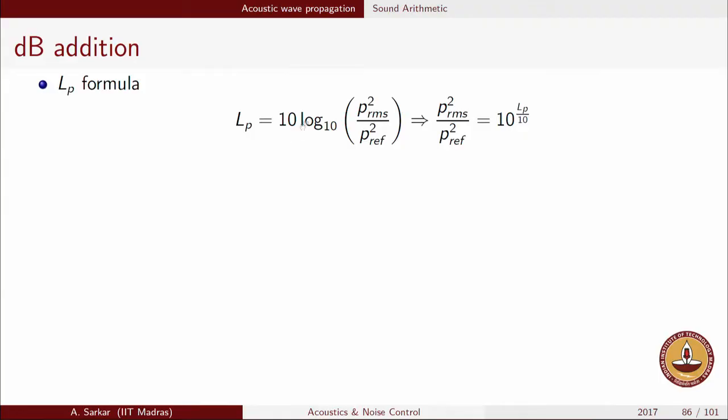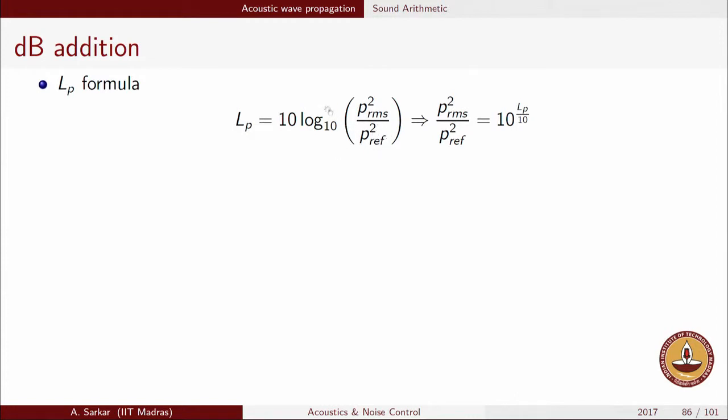But then we realize that it is not possibly worth talking in terms of sound pressure in pascals. We shifted our units from that of Pascals to that of a decibel scale, which is a logarithmic scale. And just to recall, the formula for sound pressure level SPL, or abbreviated as L subscript P, that LP term is given by 10 logarithmic with the base 10, the RMS square of the pressure divided by P reference, the reference RMS value, which is taken as 20 micropascal, and square of it.